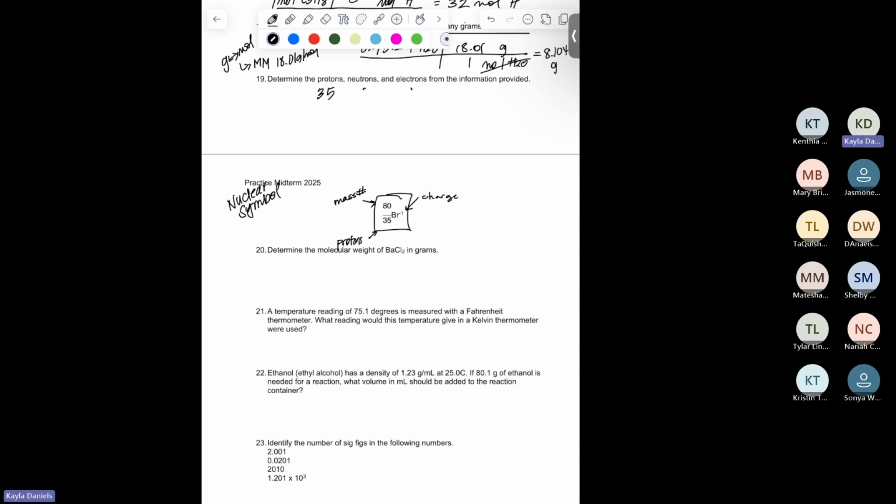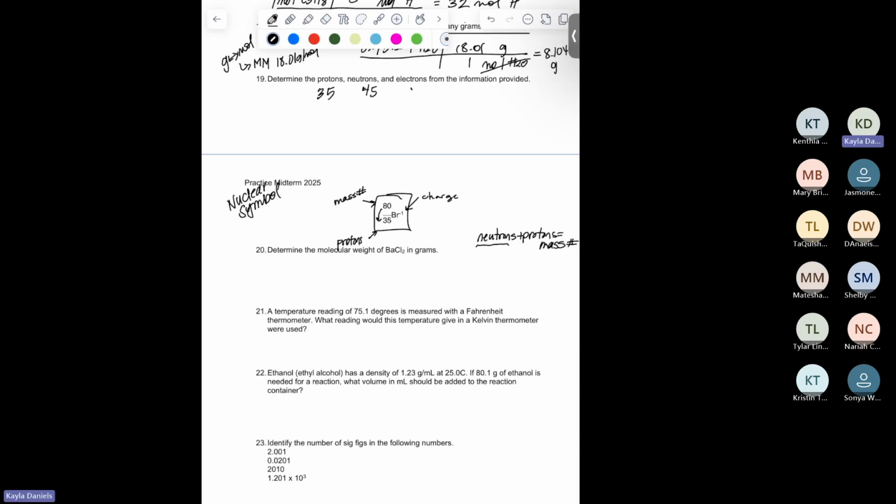The neutrons are a little bit hidden. Protons plus neutrons equals the mass number. So we can take 80 minus 35 to get the number of neutrons. 80 minus 35, I can do this in my head, 45.